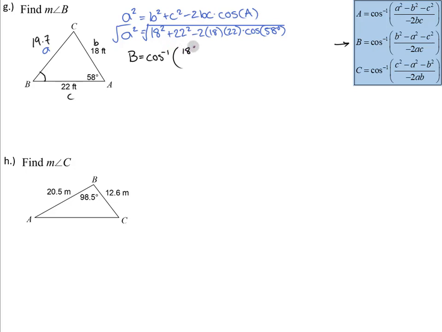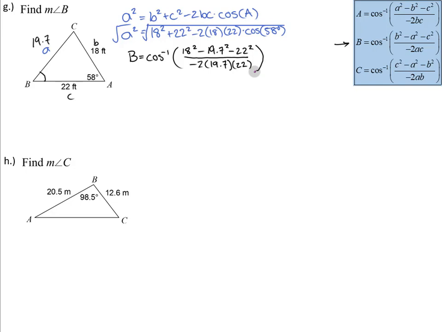So 18 squared, the side opposite our angle, minus the other two sides, 19.7 squared and minus 22 squared, all over negative 2 times A. These are the other two sides here, so 19.7 and 22.